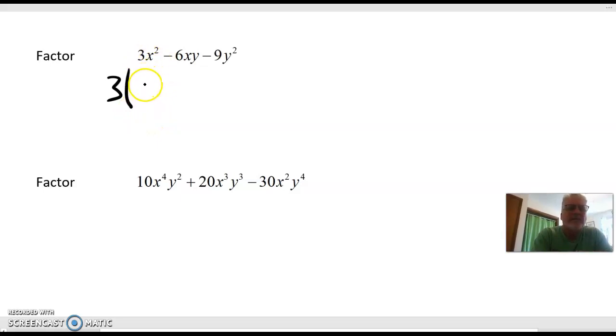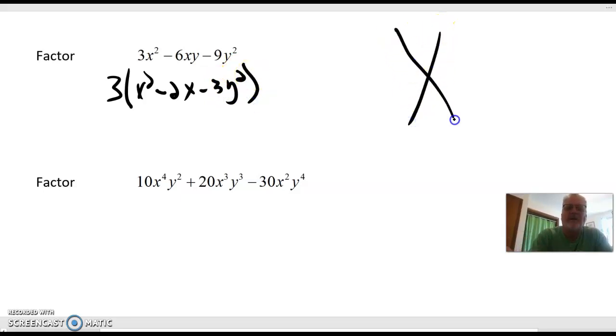So it's 3, and then we have x squared minus 2x minus 3y squared. This has an extra variable in it too, but that's okay. So I need factors of -3 that add up to be -2. That would be -3 and 1.